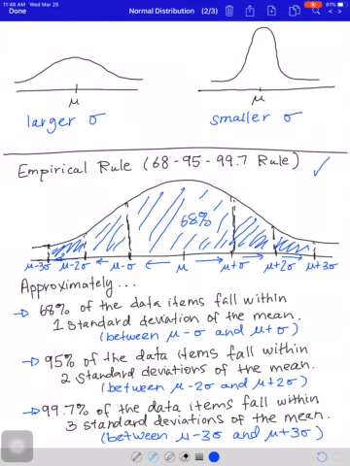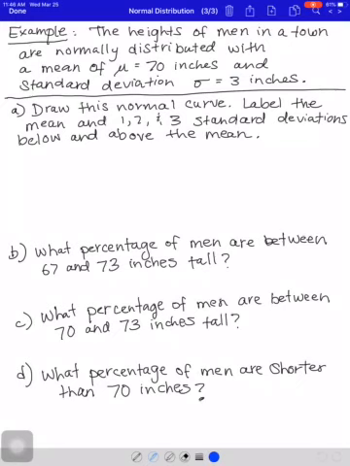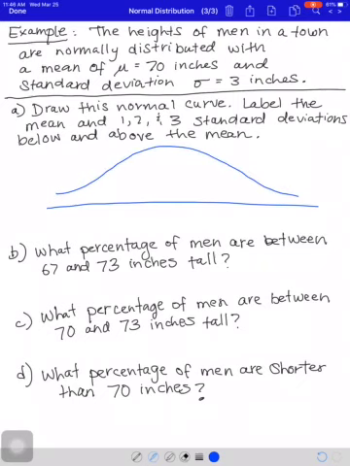All right, now let's take a look at an example. We're told that the heights of men in a town are normally distributed with a mean of 70 inches and a standard deviation of 3 inches. In part A, we're asked to draw this normal curve and label the horizontal axis. So here's our normal curve. In the middle is our mean, which we said is 70 inches.